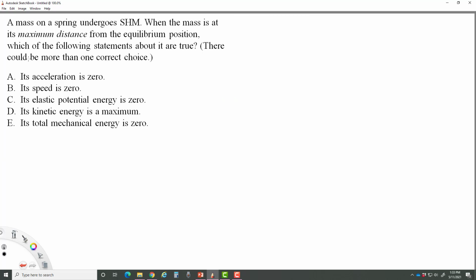When the mass is at the maximum distance from equilibrium, which of the following statements about it is true or are true? There could be more than one answer. Speed is 0, acceleration is 0. Acceleration is never 0 in simple harmonic motion, because the object is always being restored.